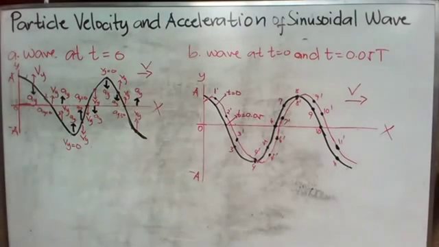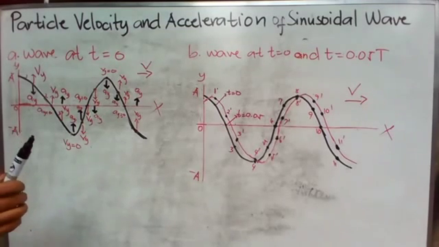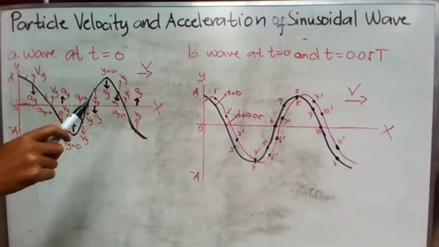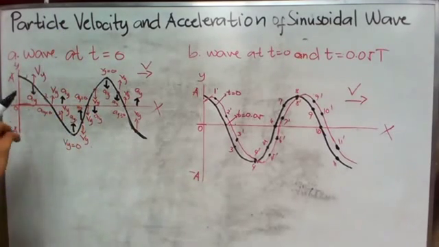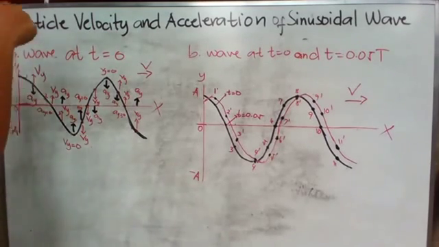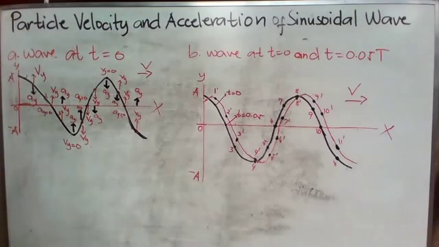Another view of a wave at time t equal to 0 is this one, showing the transverse velocity of the particles. The vectors show the transverse velocity Vy and transverse acceleration Ay at several points on the string. At t equal to 0, Vy is upward and our acceleration is downward.